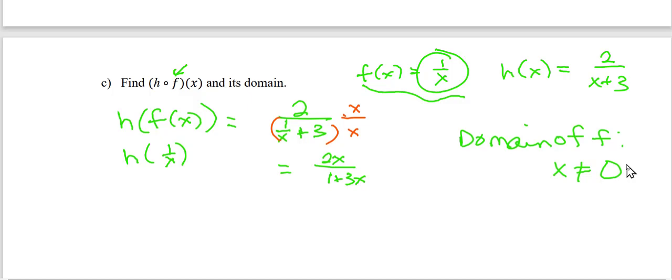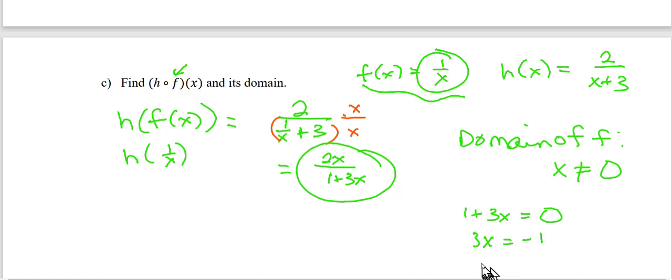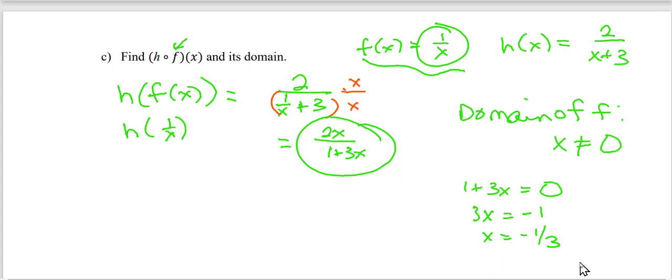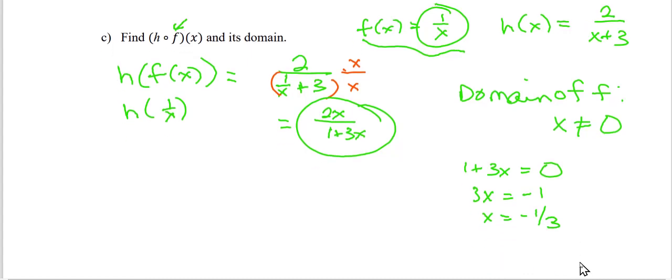Then we want to look at any values that cause a problem in the composition. That would be anything where 1 plus 3x is equal to 0. Because if this is our final answer, we clearly cannot have x equals what, negative 1/3? Because that will give us 0 in the denominator. And so we can't have this.